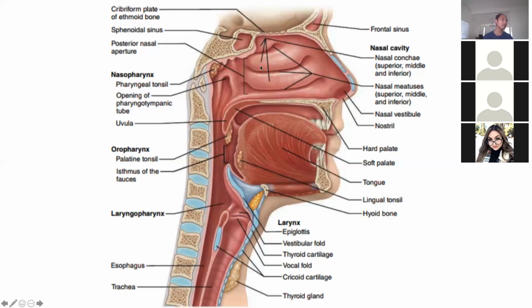So the air we breathe in now gets into the nasopharynx, and it has to go into the oropharynx. So the oropharynx is the part of the pharynx posterior to the oral cavity, the mouth. Yeah. So the mouth, we are not going to say the mouth. We will say nasal cavity and oral cavity.